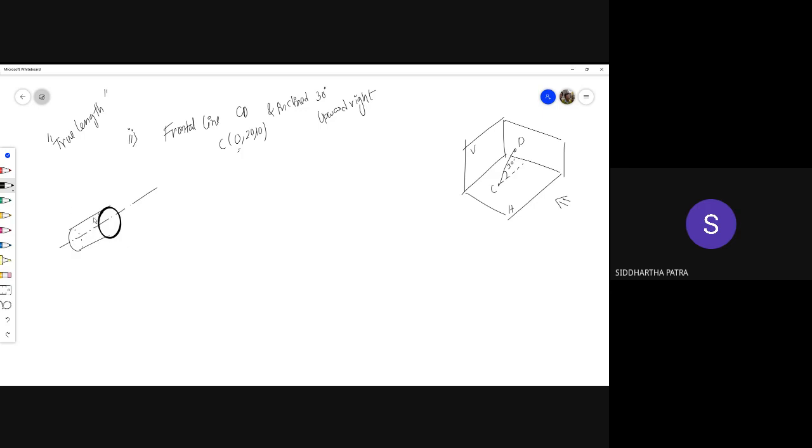At any point on that surface, draw a tangential plane, and that plane is going to be parallel to that axis right there. So imagine over here I'm drawing a plane which is tangential to the surface of the cylinder. That plane is also parallel to this axis right here.